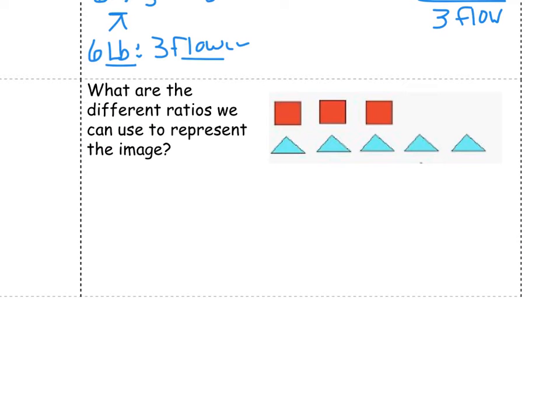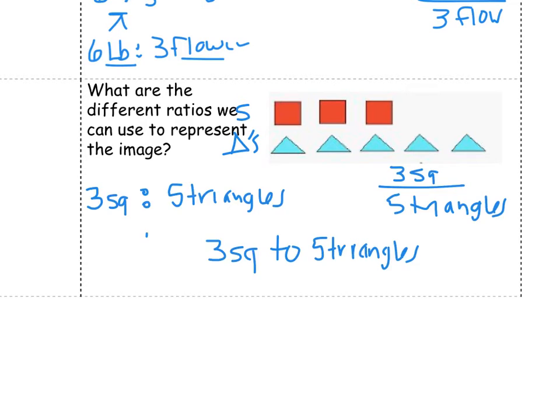So let's just practice writing the ratios. What are the 3 ways that you can write this squares to triangles? So see if you can write this in 3 different ways. So pause the video, write it in 3 ways, and come back and check your answers. All right, see how you did.